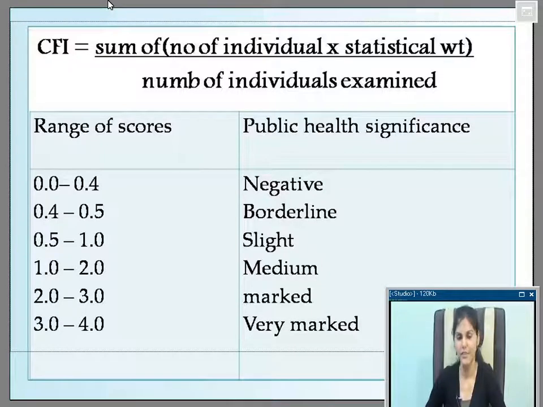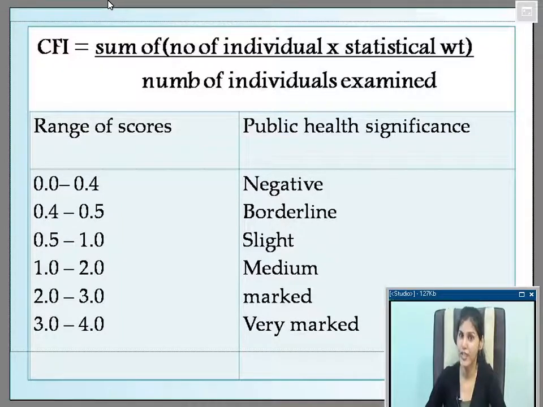When the score of the community is between 0.0 to 0.4, it has negative public health significance. As you go higher, whenever you have medium marked or very marked public health significance on this index, it means that you have to give that community some intervention to bring down the fluoride content in their water.